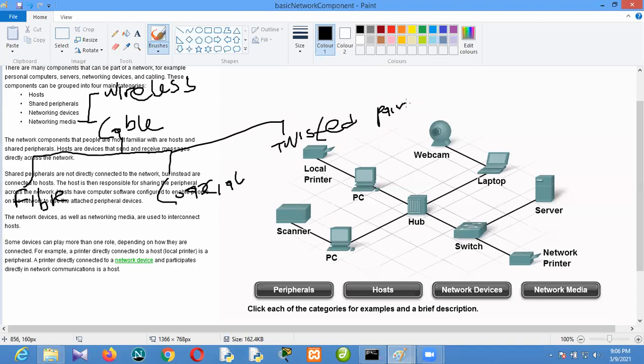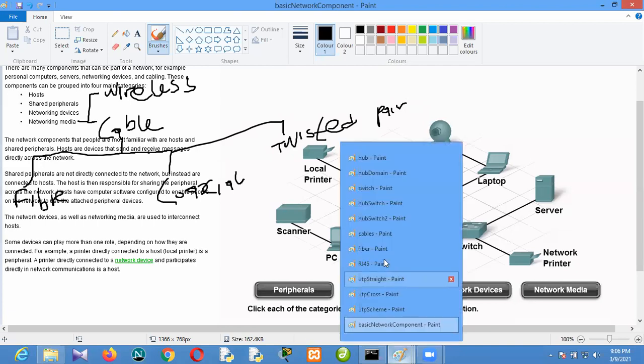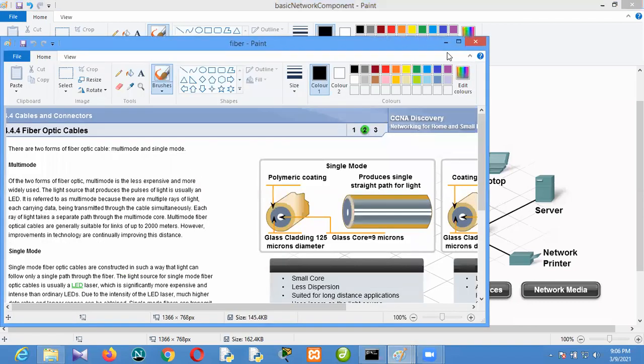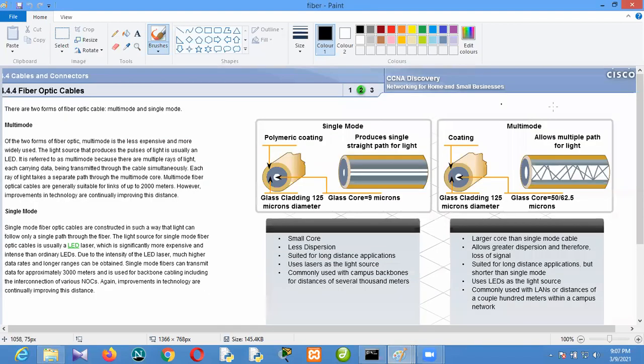Now, fiber is a type of cabling as we have here. There is this basic structure of fiber. The basic structure of fiber is that it has a core. Look at this place.